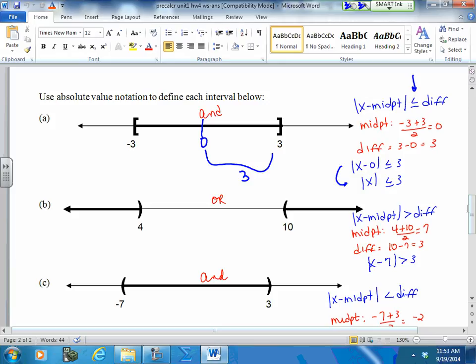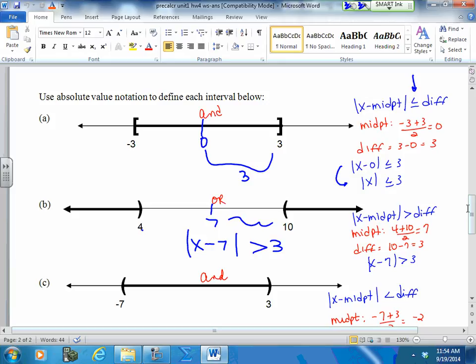Find the midpoint. 4 plus 10 is 14 divided by 2, 7. This is an or statement, so it's going to be greater than something because these are open. So I'm going to have x minus my midpoint greater than the distance here, 3.